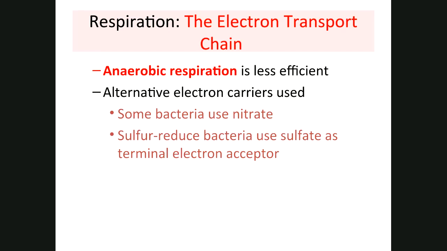All right. Anaerobic respiration. So we talked about an aerobic electron transport chain, which means there is such a thing as an anaerobic electron transport chain. An anaerobic electron transport chain is one that uses something else other than oxygen as the final electron acceptor. The something else can be nitrate, it can be sulfur.